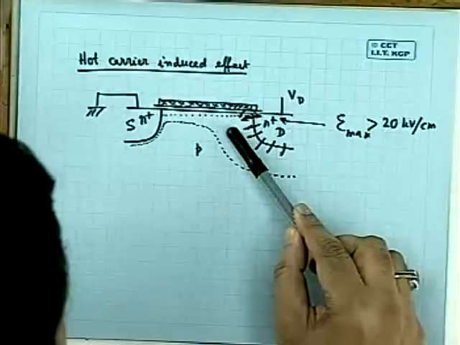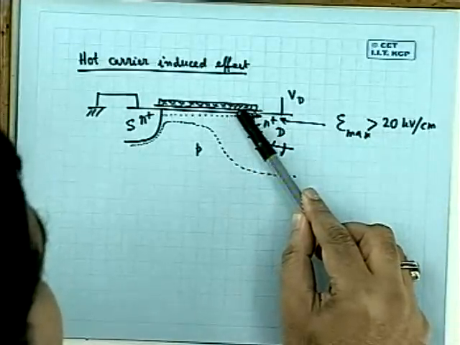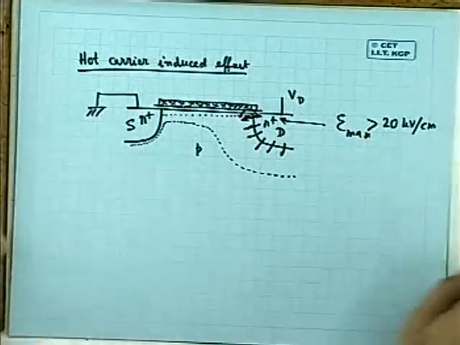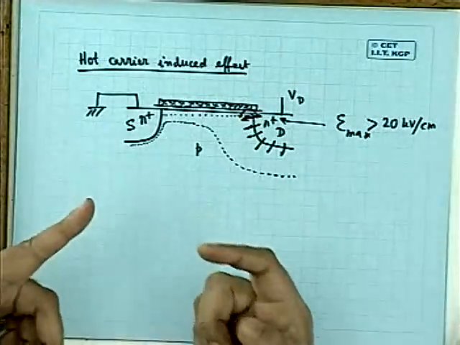And these highly energetic electrons, what will happen to them? Some of them will penetrate through, because they always follow the field lines. Positive charges follow the field lines, and electrons follow the opposite direction, but along the field lines.